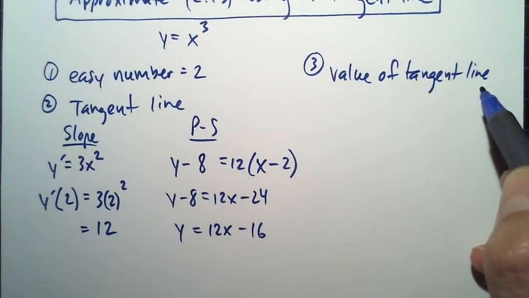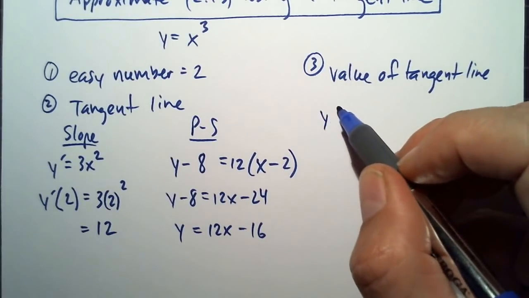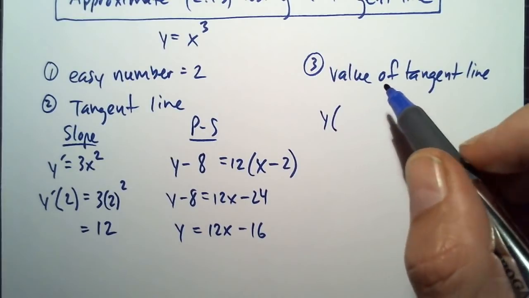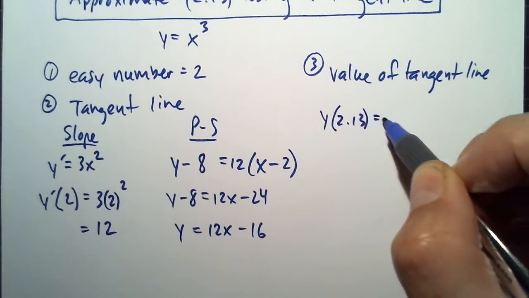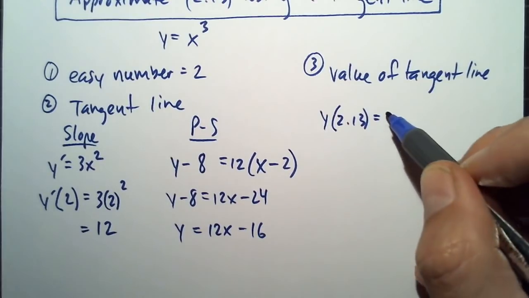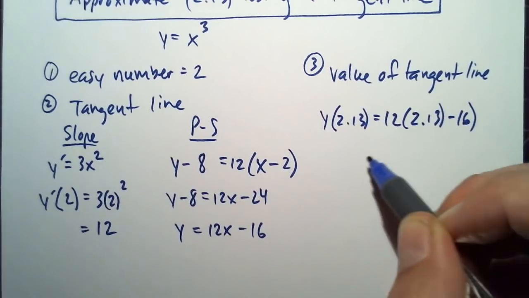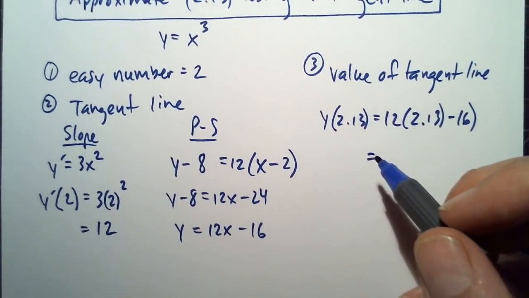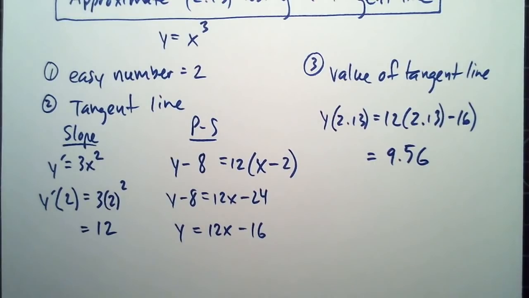The value of the tangent line is the approximation. So we're going to go y evaluated at 2.13 in this equation, 12 times 2.13 minus 16, and we get 9.56.